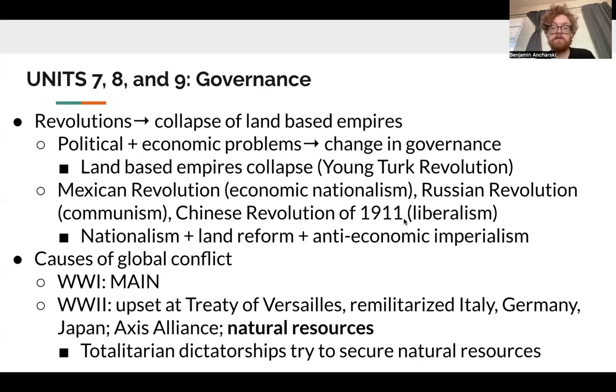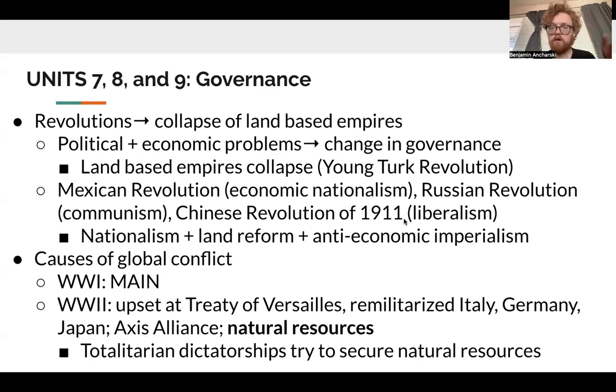So typically all of these revolutions, especially the Mexican, Chinese, and Russian ones, are influenced by nationalism: make a nation stronger by limiting foreign presence in your country, but also by reforming land ownership. So that typically is what unites all three of these revolutions, this common concern with nationalism, land equality, and ending economic imperialism.